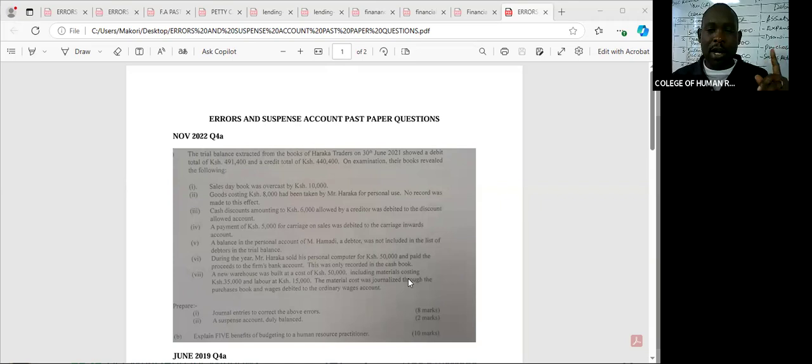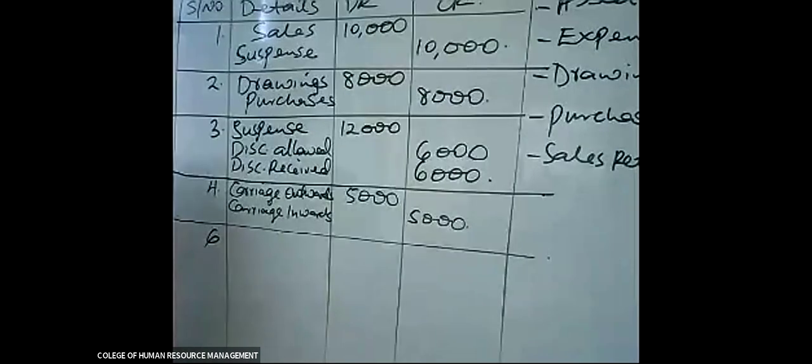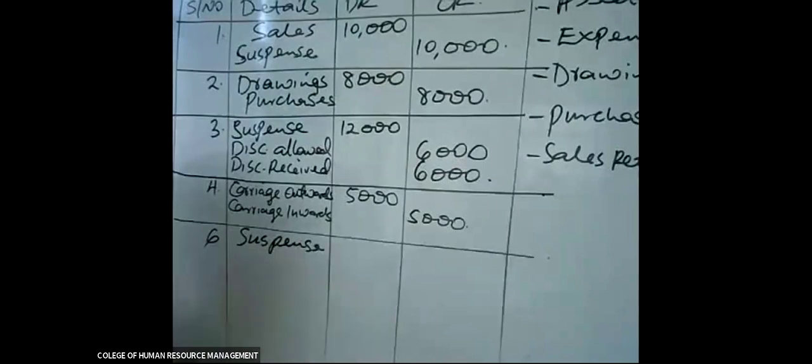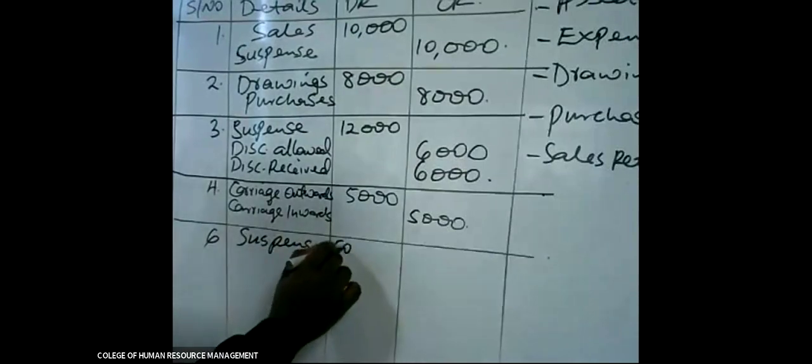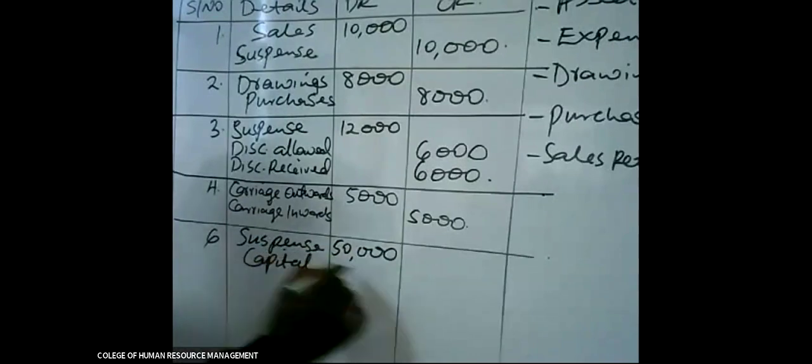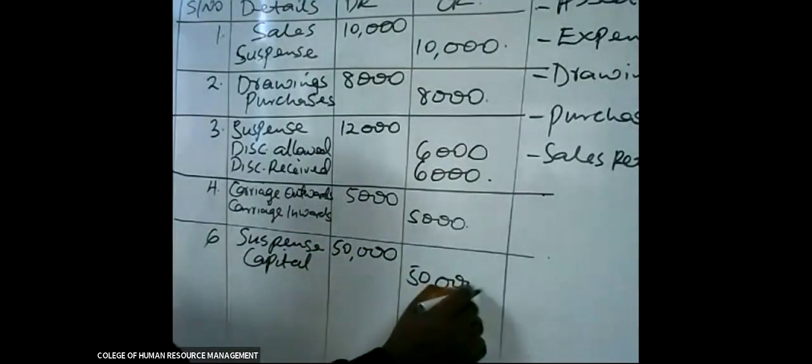When it is one account that is having an issue, you must bring in suspense. This is entry number 6. Because capital we shall be crediting, then suspense will be debited by 50,000. Then we credit the capital by the same 50,000.